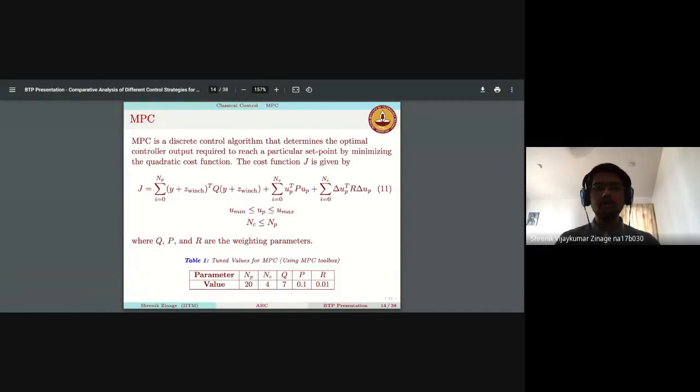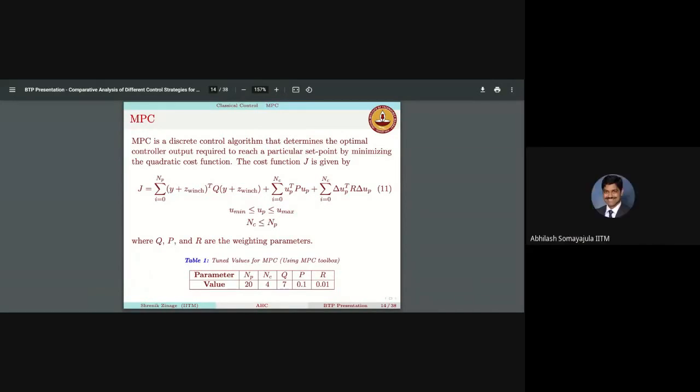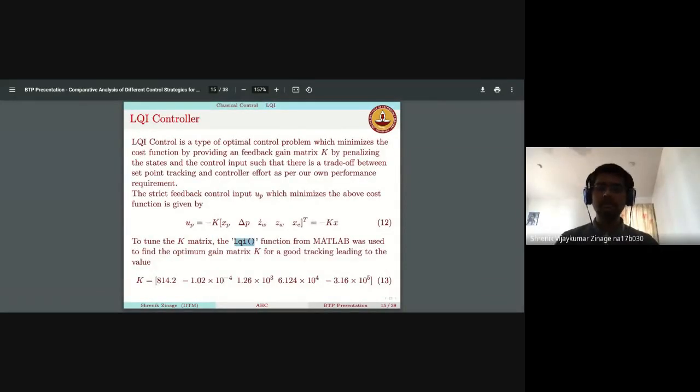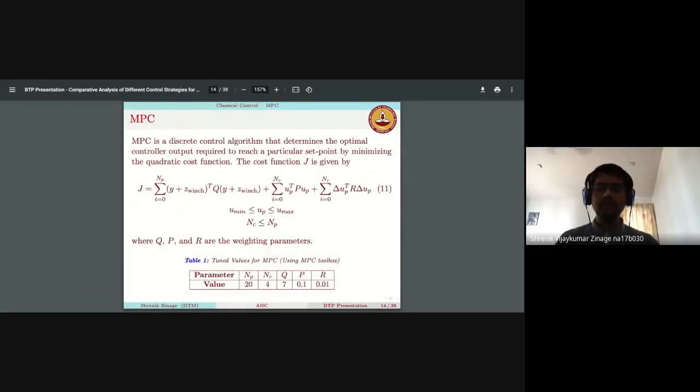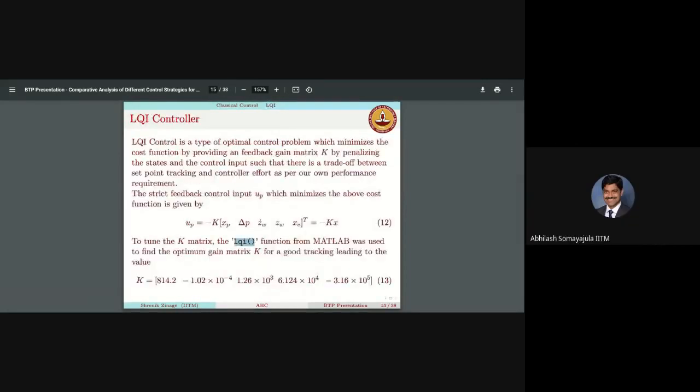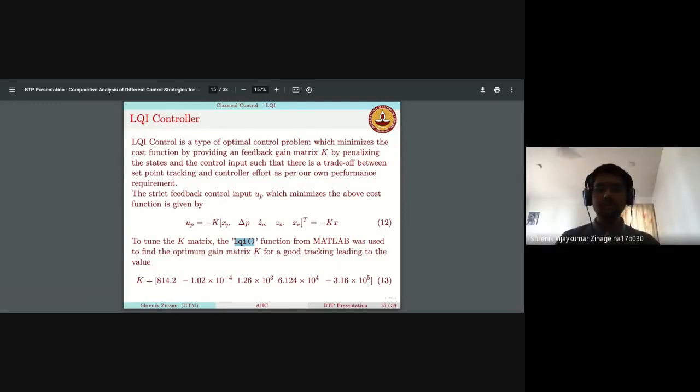Yeah, because the thing that happens in LQI is that we try to optimize it through a full window, like a fixed window. So it's like saying that if I increase NP to a very high value, I'm not moving the window itself. I'm keeping the window fixed. Is the window finite or infinite in LQI? The window is infinite.